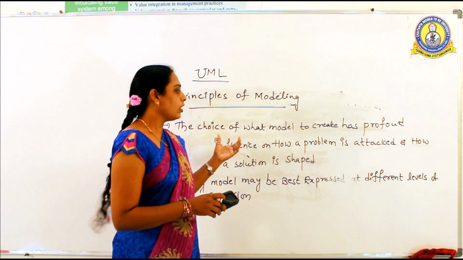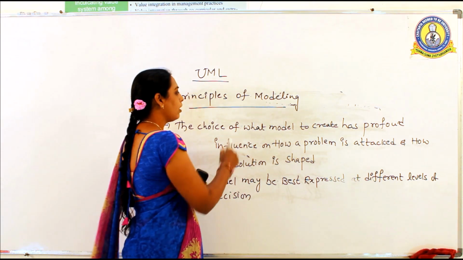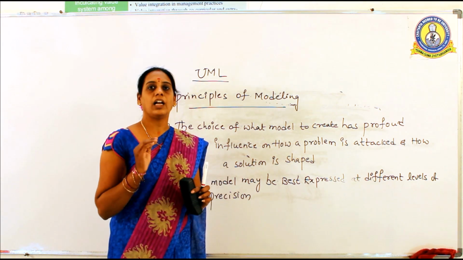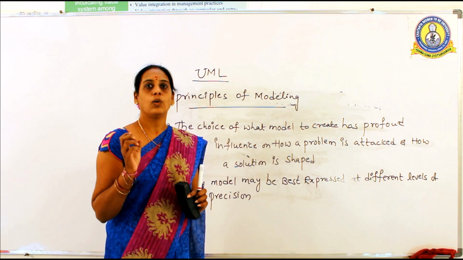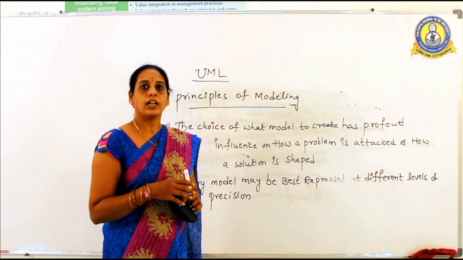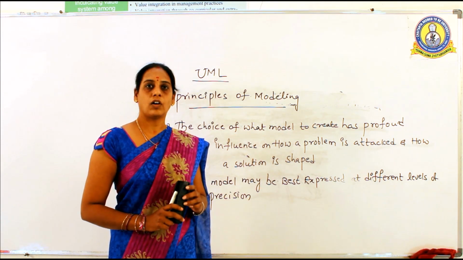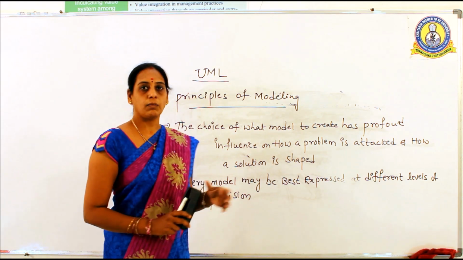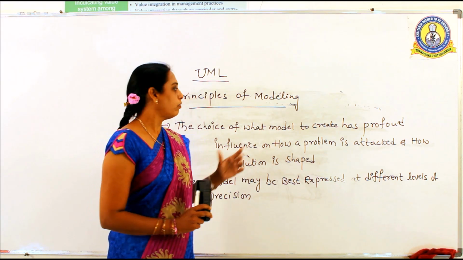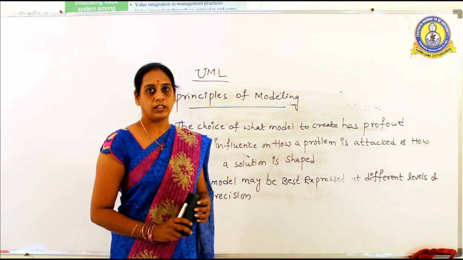Okay, so the choice of model you make will affect whether your software application comes out correctly. Otherwise, if you are choosing the wrong models, you will end up with the wrong thing. The first thing you have to remember is that choosing of models is very important.